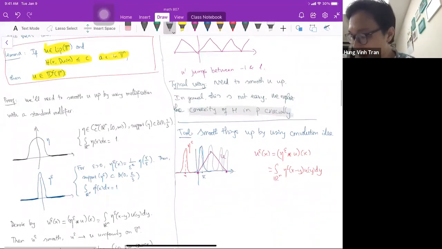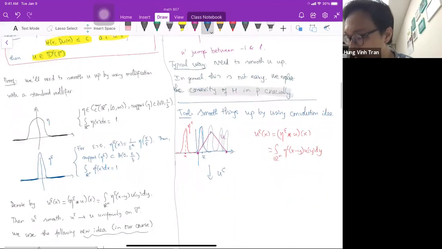So eventually, after this process, you have the function u epsilon, which is gonna look like, roughly speaking, this is 0, this is 1. It's gonna look like this. So you're smoothing it up here, going up. And then you're gonna smooth up at the kink and then go down like that. So this is u epsilon.